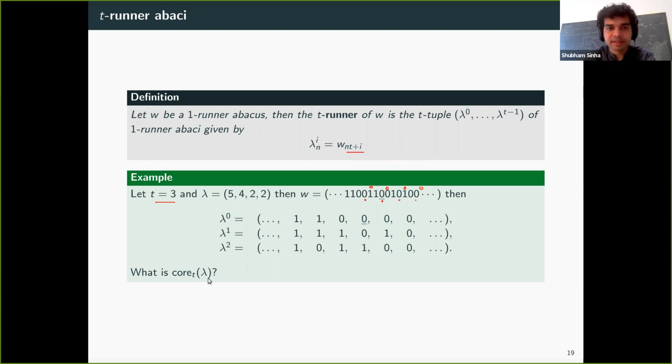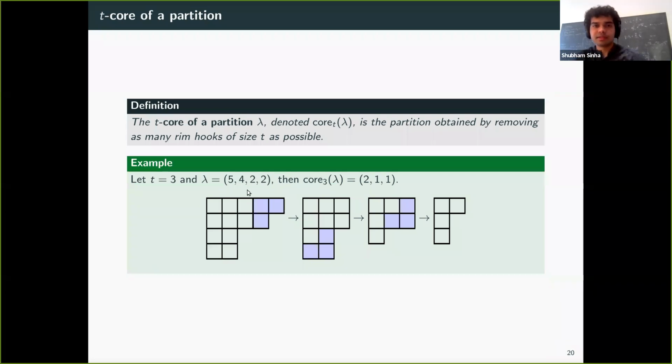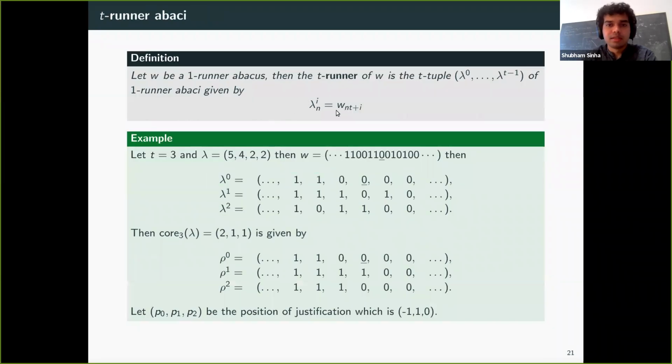Since we are interested in the T-core, recall the T-core is obtained by removing rim hooks. So it would simply correspond to sliding these ones by distance 3. In the 3-runner abacus, it would simply correspond to moving the ones of each row of the T-runner.